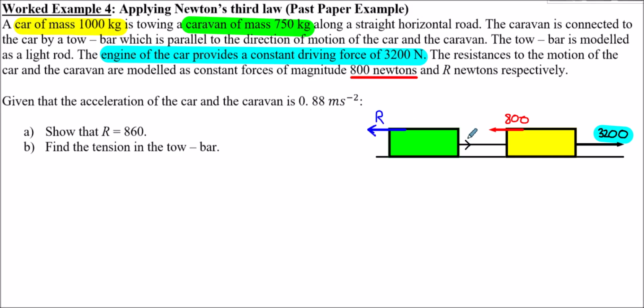Tension acts away always from the object, so T there relative to the car, T here relative to the caravan. I'm just going to label this here at the top, car, this here, caravan.